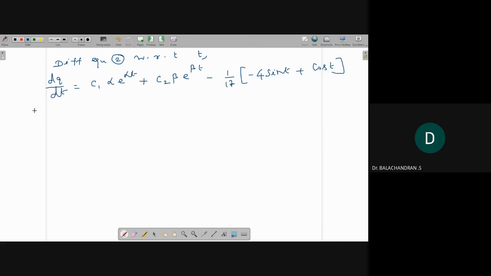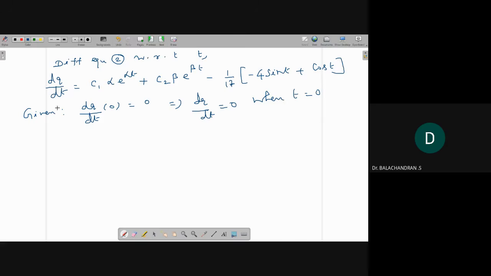Now the given condition is dq by dt of 0 equal to 0. So this implies dq by dt equal to 0 when t equal to 0.